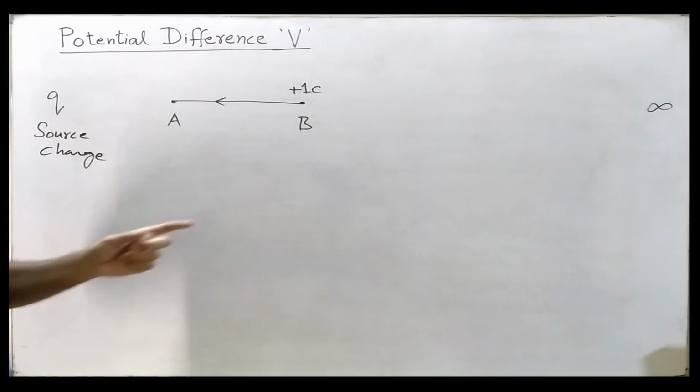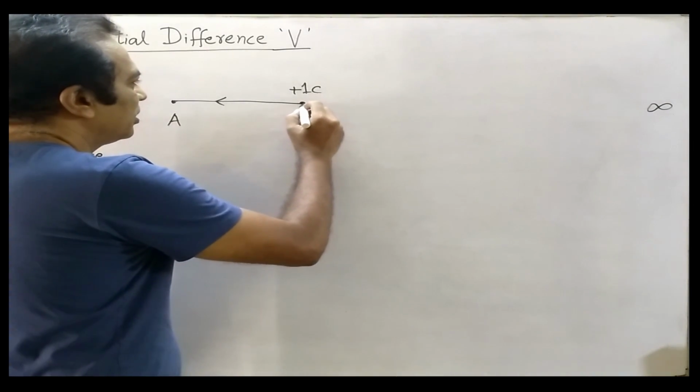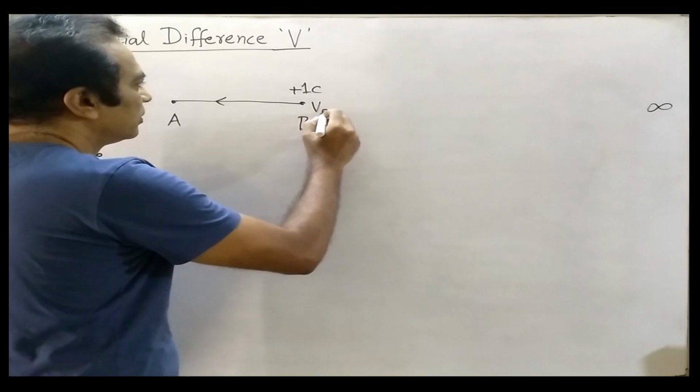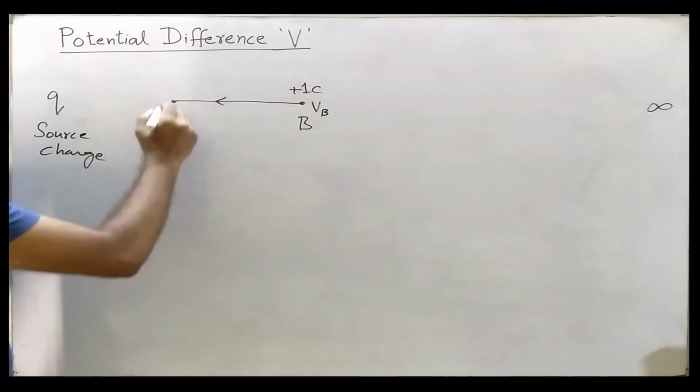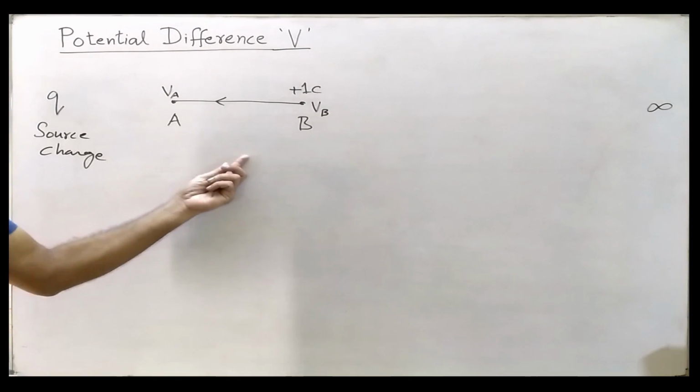By the definition of potential, let us say the potential at point B is VB and the potential at point A is VA. So what is VB and VA?